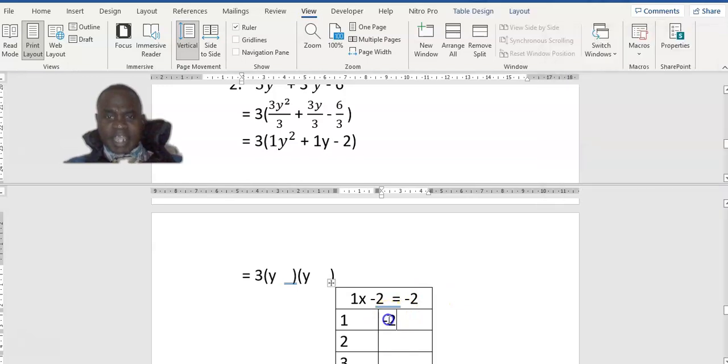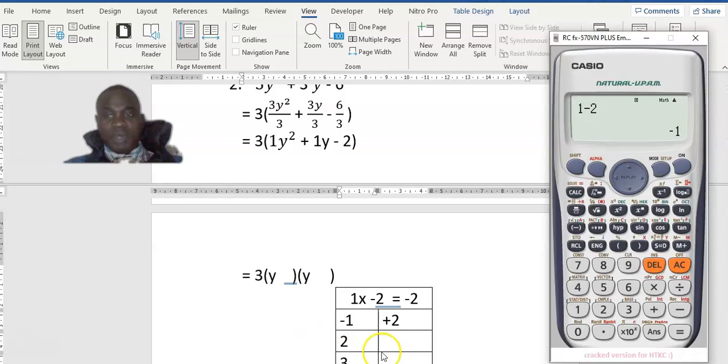So we change the sign. Let's put plus here and minus here to change the situation. So I'm going to have -1 plus 2. It gives us 1. Is it the same as this? Yes. So we have +1. So it means it's satisfied.